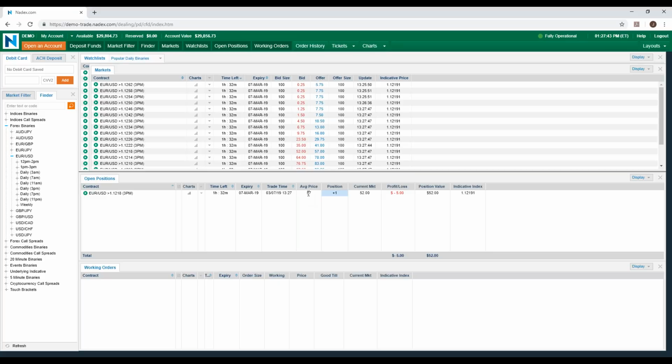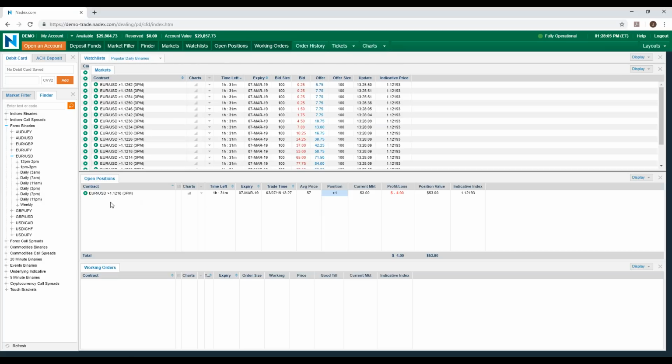So your total risk is $57. So at expiration, this binary will expire either worth 100 and you made 43, or it expires at 0 and you lose 57. At expiration, 0 or 100, right?